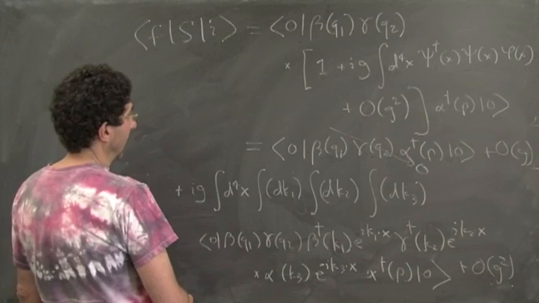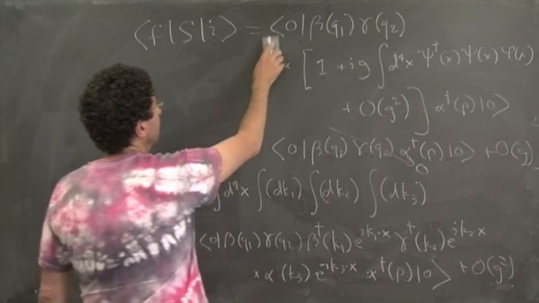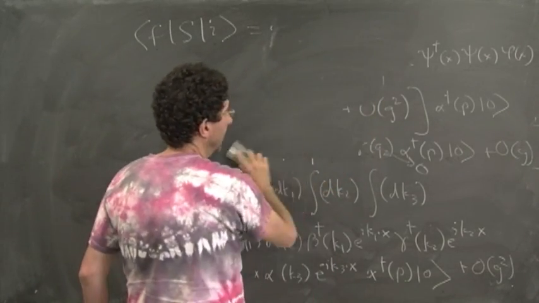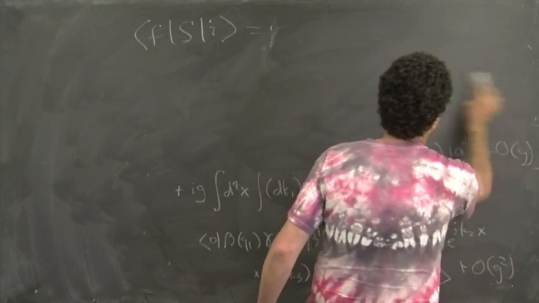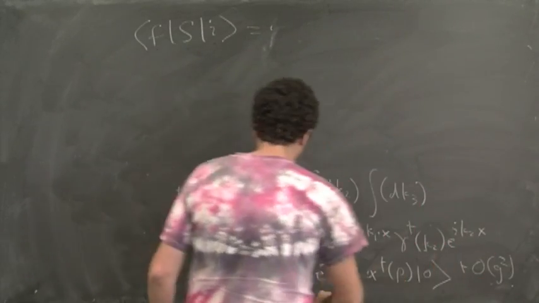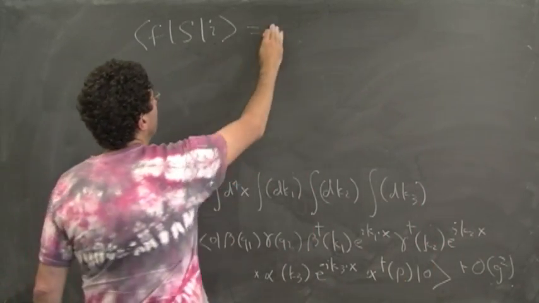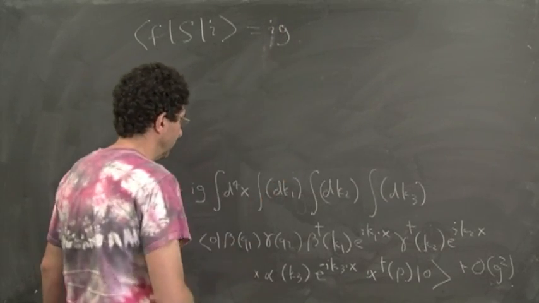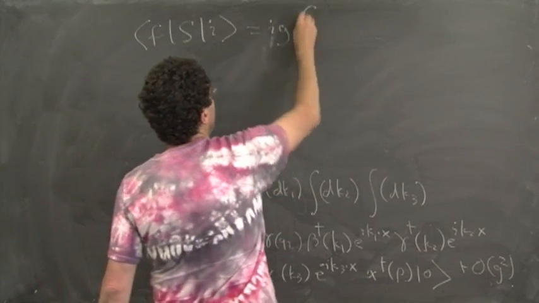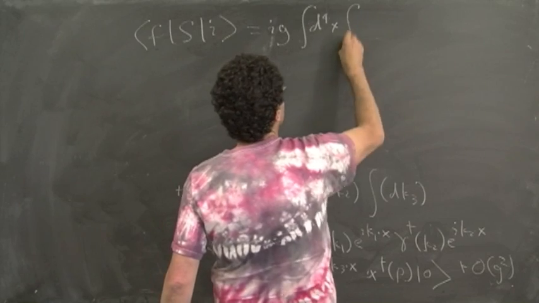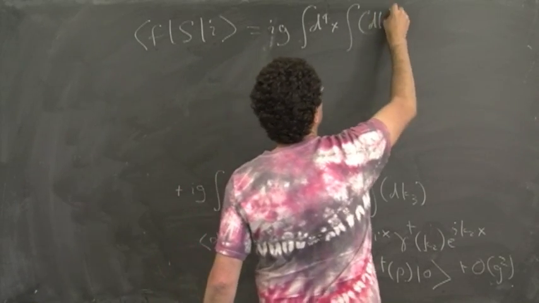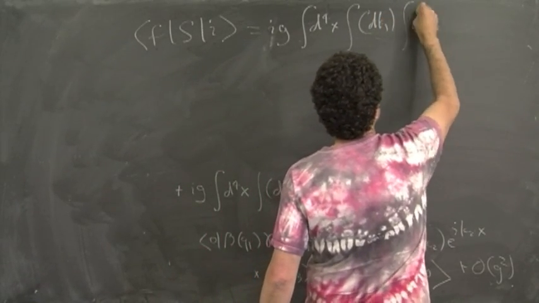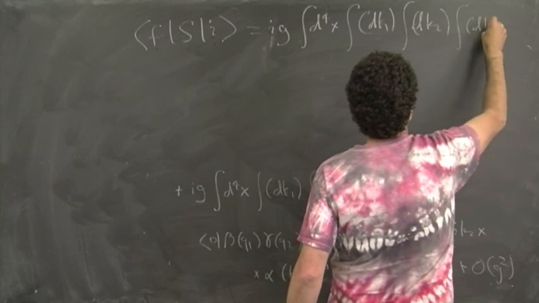So all right, now let me erase this stuff up here. I'm still calculating this S matrix element, and now the leading term I have is this ig, and I have all of these integrals here, dk1, dk2, dk3.